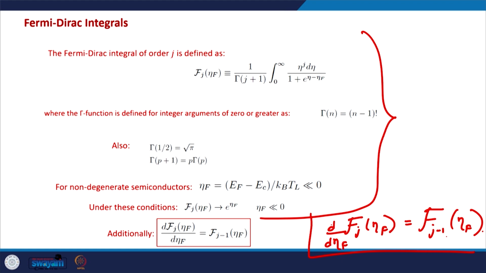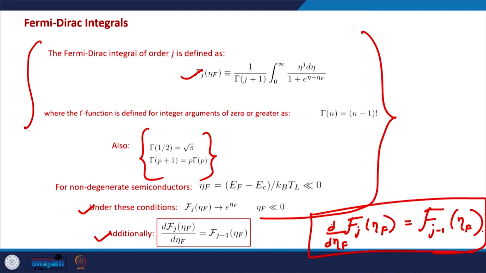This is useful because in addition to the integral we also have a derivative in our conductance expression. Along with the other properties, this will greatly simplify all our calculations. So just keep these things in mind.